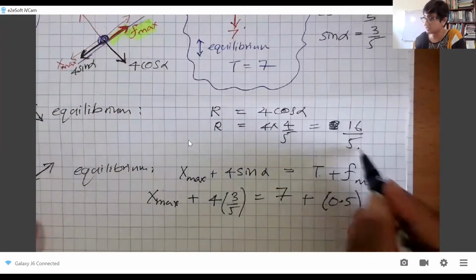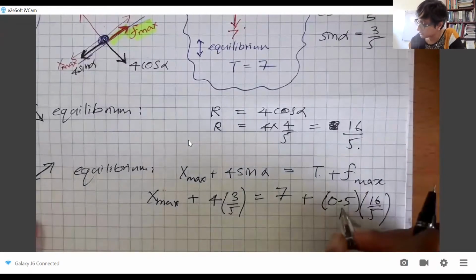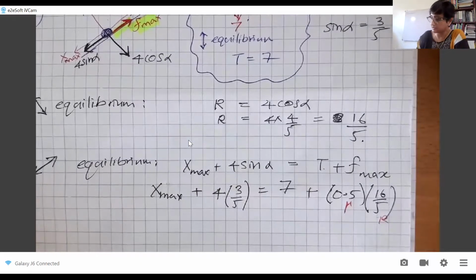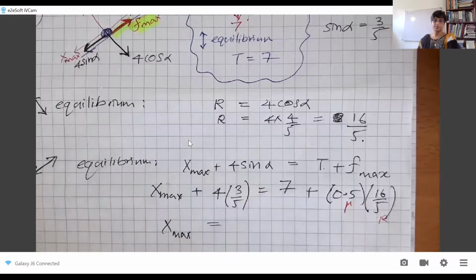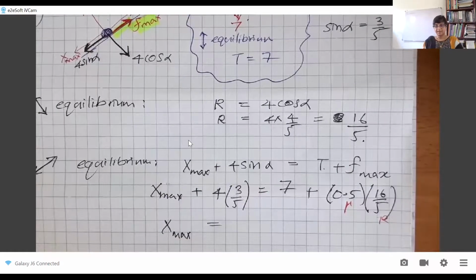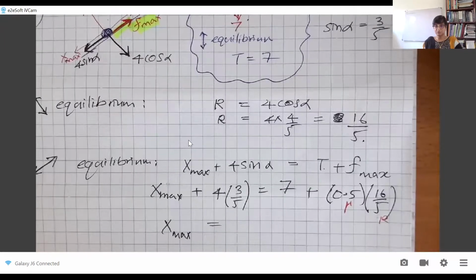R I found here. If anyone can't remember that, F max is mu R. You find it now, and I will leave that for you to complete.